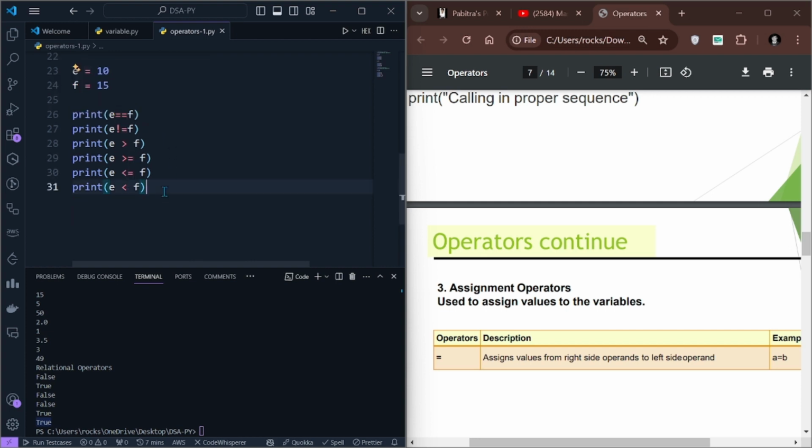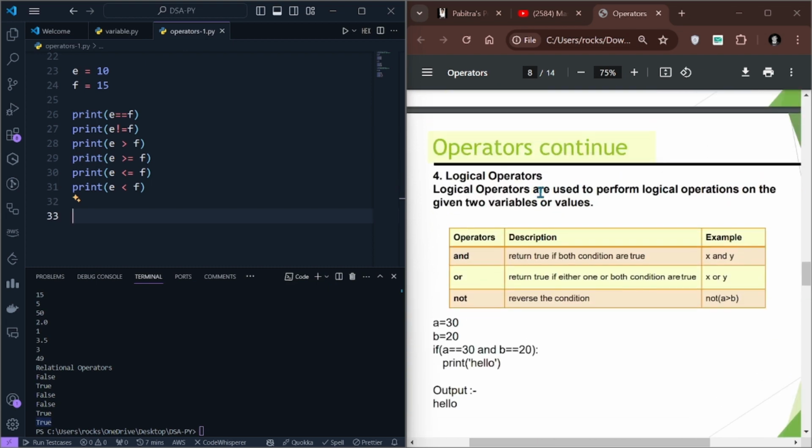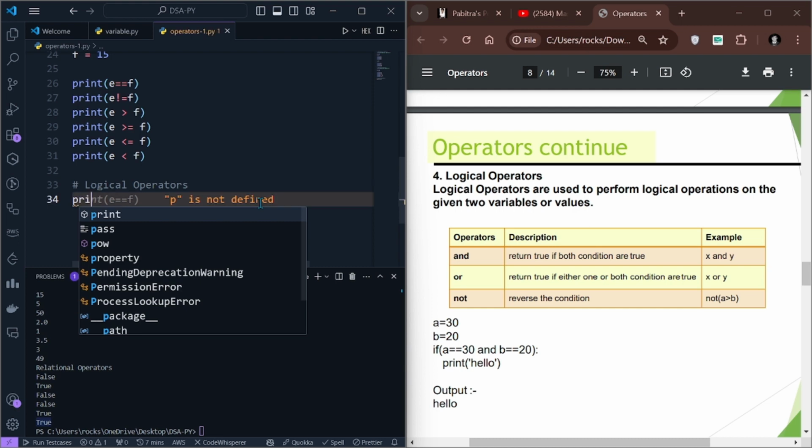Okay, and now we have the logical operators. Now we will use our logical operators. So first I am going to create another comment, logical operators, and then print that.